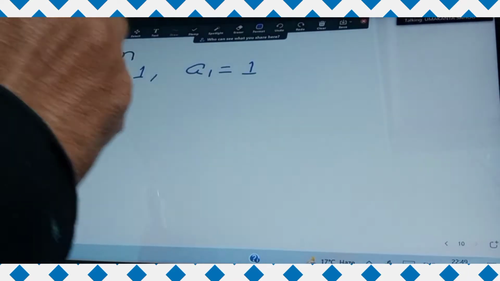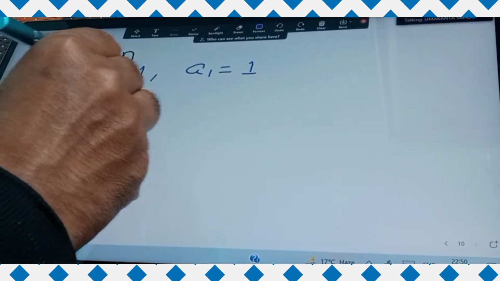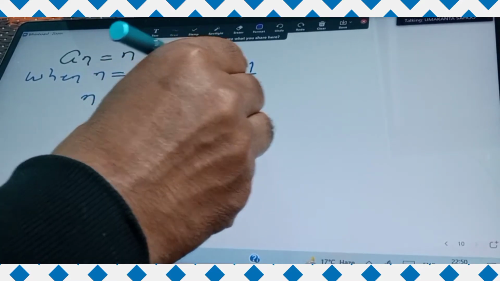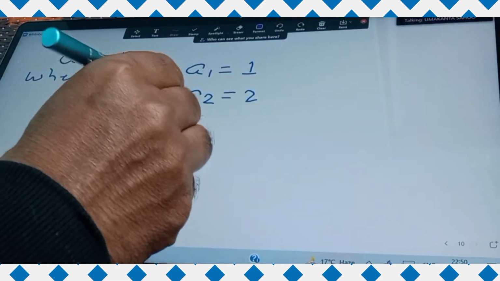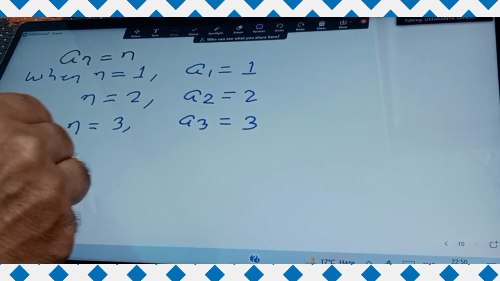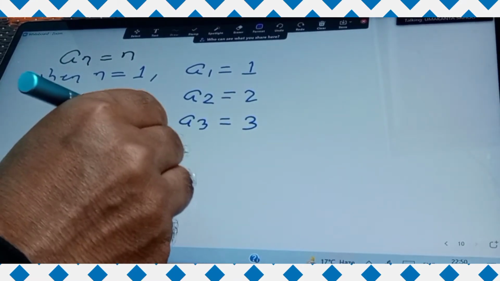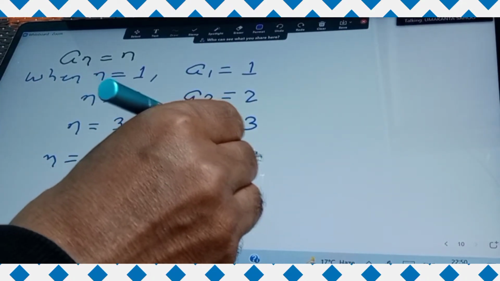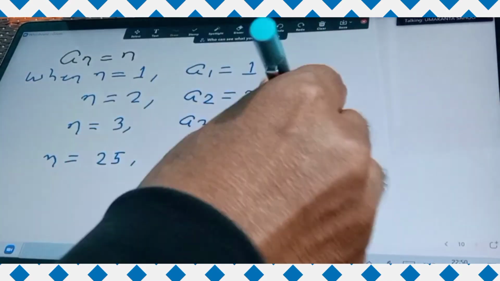Can you write 1? We shall get the first term. Similarly, when n is equal to 2, in place of n we write 2 and we get the second term. When n is equal to 3, we get the third term, which is 3. Suppose n is equal to 25, we shall get the 25th term of the sequence, which is 25.